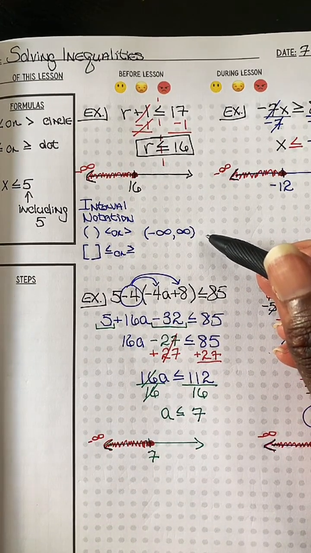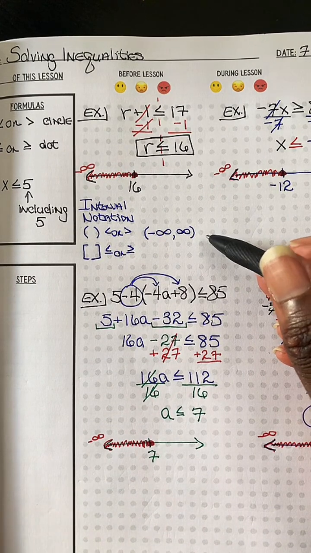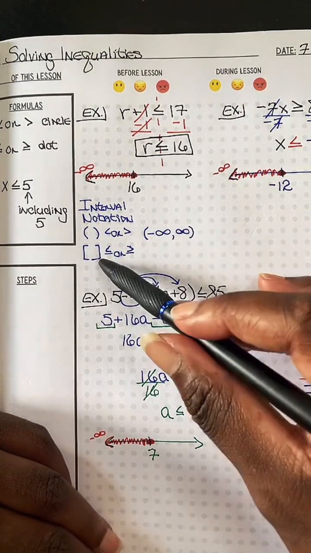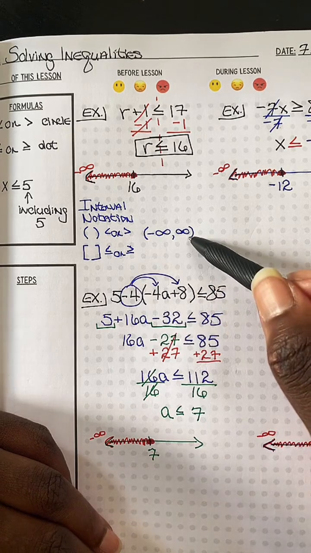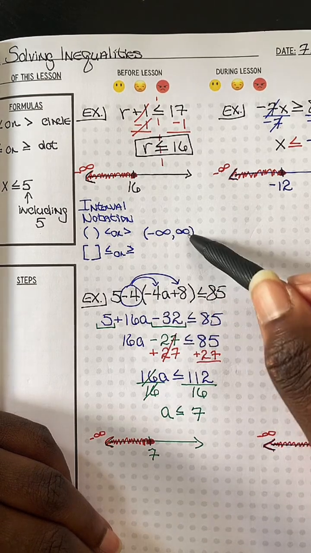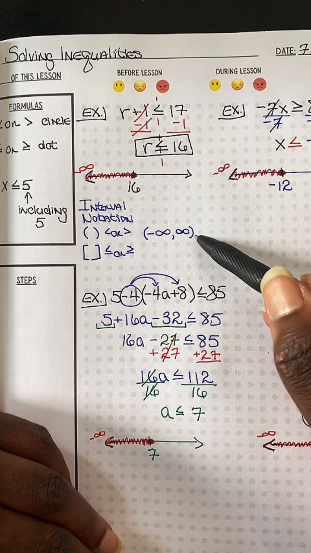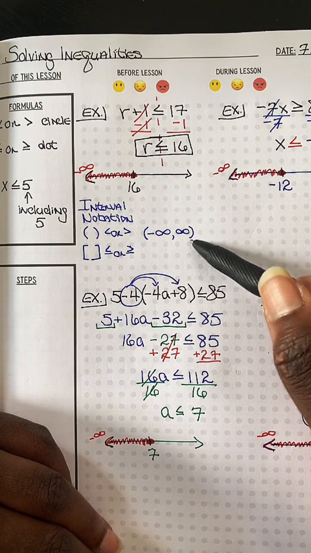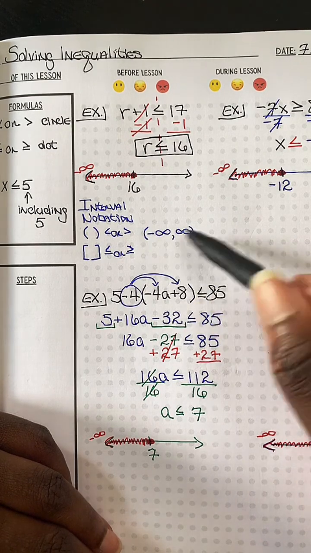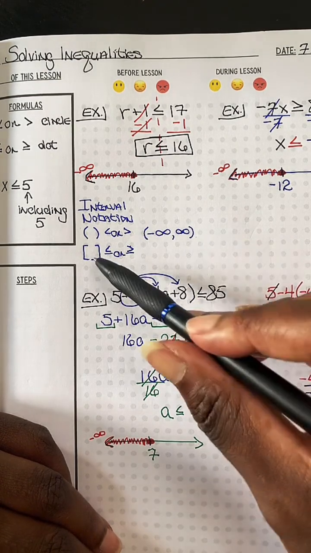Brackets mean you're including that spot, so there's a definite end, and infinities do not have that. No matter if you're using positive or negative infinity, it's always parentheses.